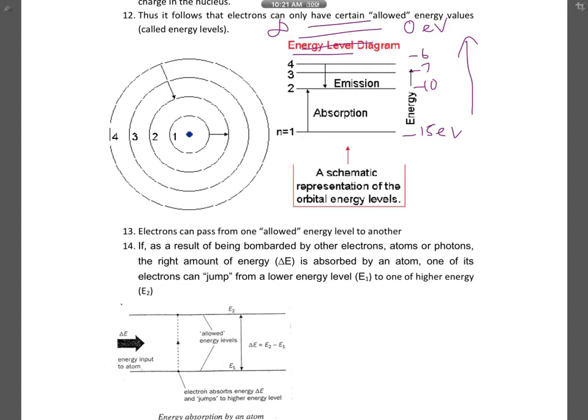So let's say it absorbs 8 electron volts from here and jumps from here to here. So that means it will jump from this orbit to the third orbit. But once it jumps to the higher orbit, remember there's an inner shell vacancy, which you learned in chemistry must be refilled immediately, right? So in physics, we say that when it jumps to a higher energy level, it is very unstable.